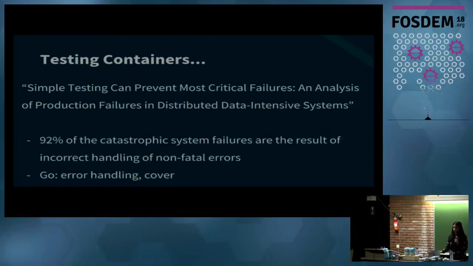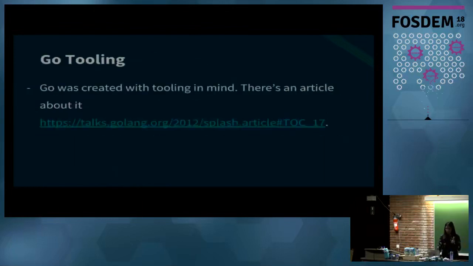And they found that 92% of the catastrophic system failures are the result of incorrect handling of non-fatal errors. So this is none other than error handling, like the try and catch or whatever it looks like in your favorite programming language. And this brings me to the Go tooling perspective, just to finish.